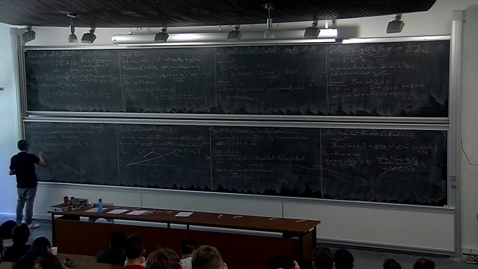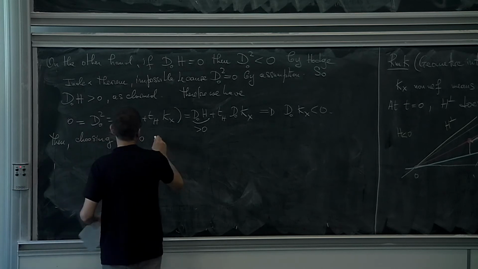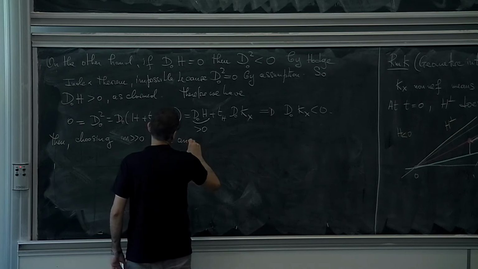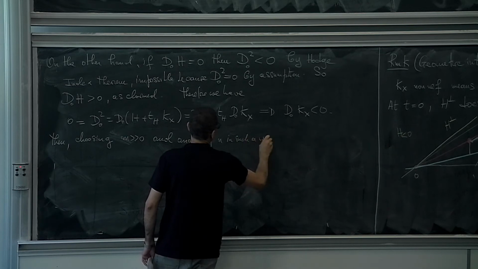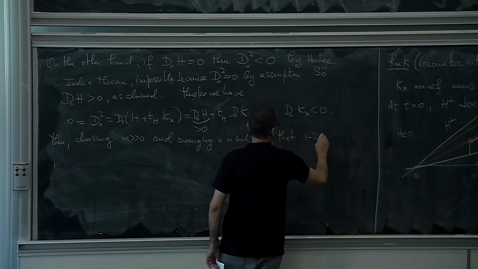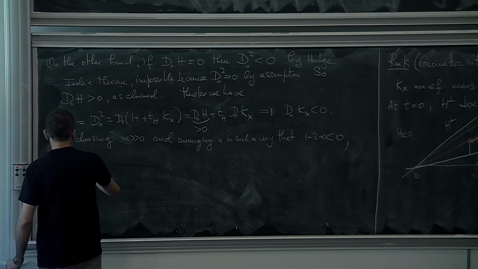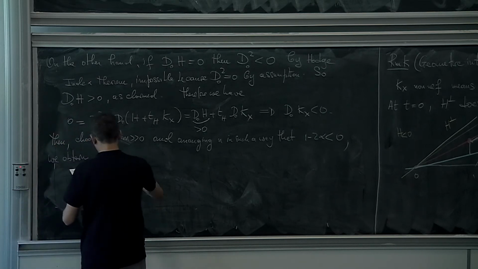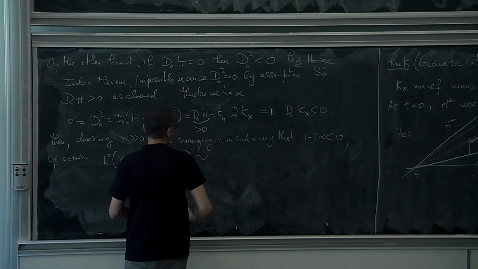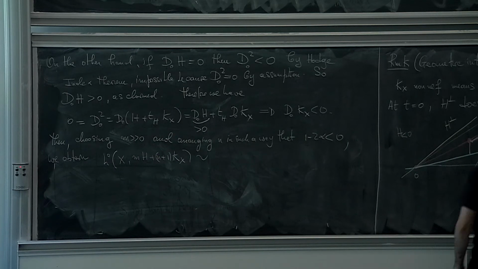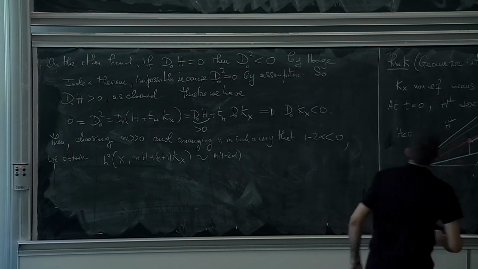Then, choosing m greater than 0 and arranging this in such a way that 1 minus 2 alpha is strictly negative, we obtain that h0 of x, m h plus n plus 1 k x, goes as m times 1 minus 2 alpha times d0kx.